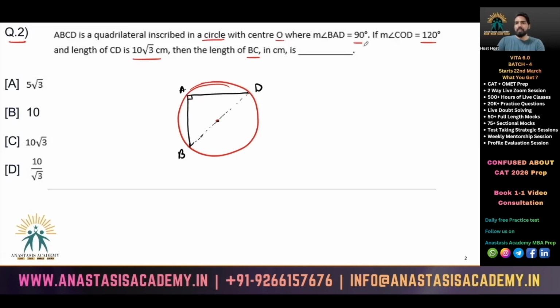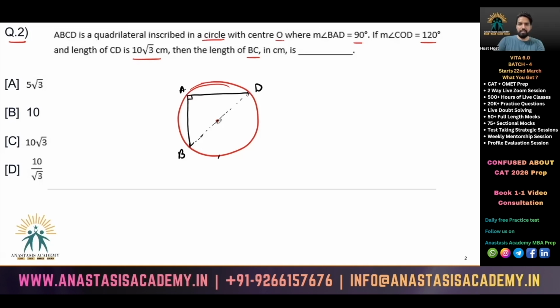Now angle COD. C is somewhere here, and when C is joined to the center, and this line OD, COD is making an angle of 120 degrees.